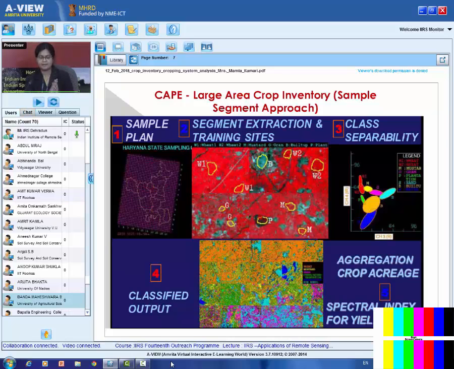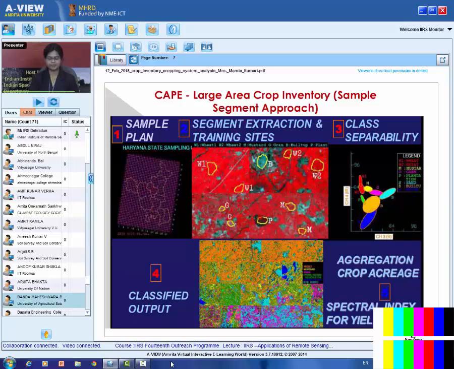So in this we can see various training sites are selected. After sample plan preparation, we do classification of remote sensing data, or digital analysis of remote sensing data. There are two types: digital analysis or visual interpretation. Earlier visual interpretation was also done, but it has many demerits. First, it is suitable for small areas.